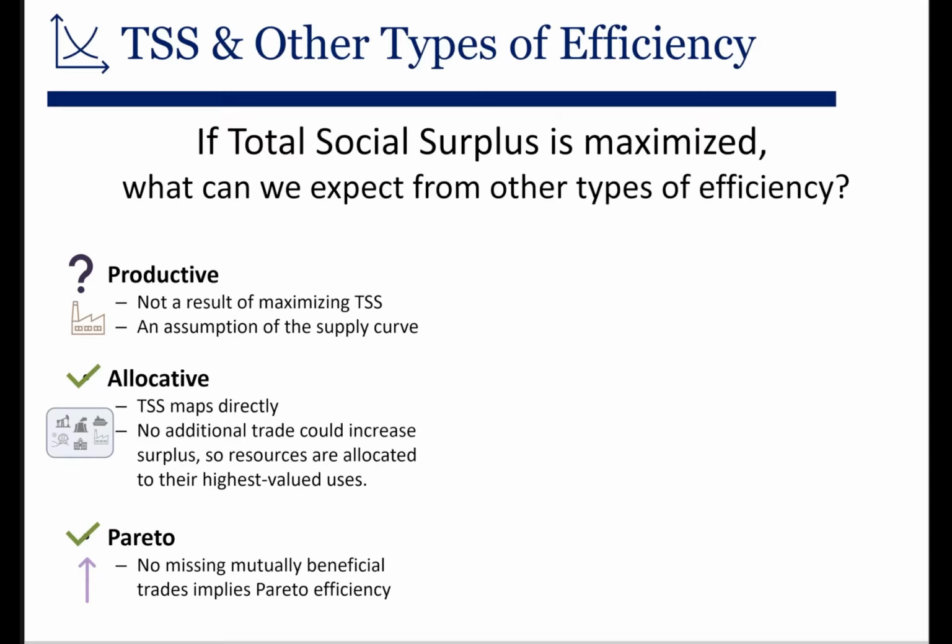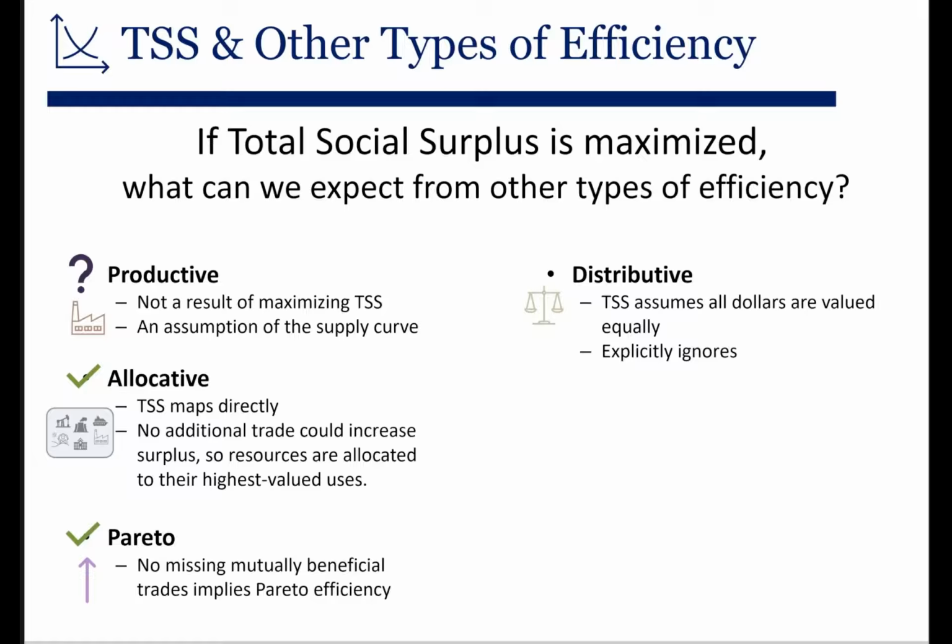Moving on to the other three, when we think about distributive efficiency, who gets what, total social surplus assumes all dollars are valued equally, whether it's consumers or producers, poor people or rich people. It explicitly is ignoring any maximization of things in a distributive sense. And so in that way, there's really no mapping between any sort of distributive equity and total social surplus.